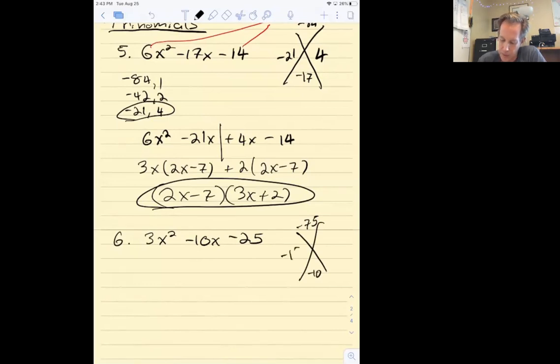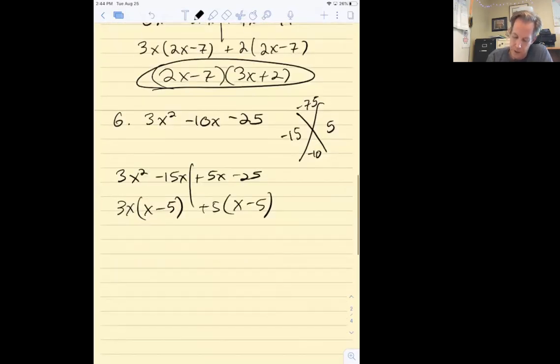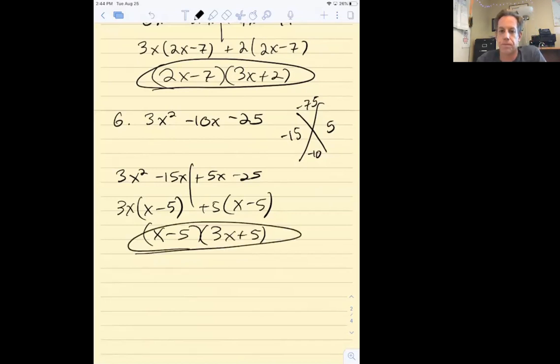That's going to be negative 15 and a positive 5. So we have 3x squared minus 15x plus 5x minus 25. And as we work that through, our final answer is x minus 5 times 3x plus 5.